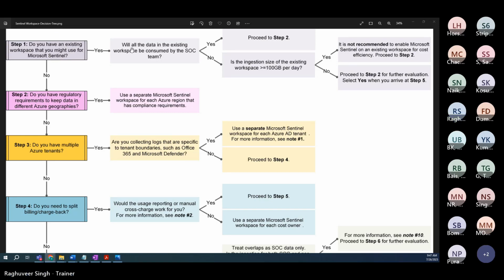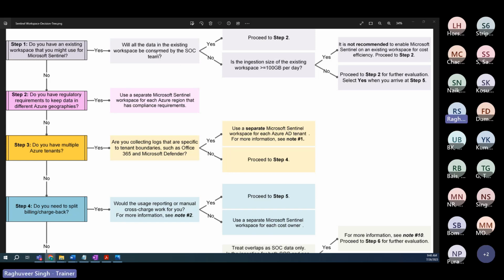If yes, will all the data in the existing workspace be consumed by the SOC team? Which means, does that workspace not contain any typical infrastructure, network, database, application monitoring data?